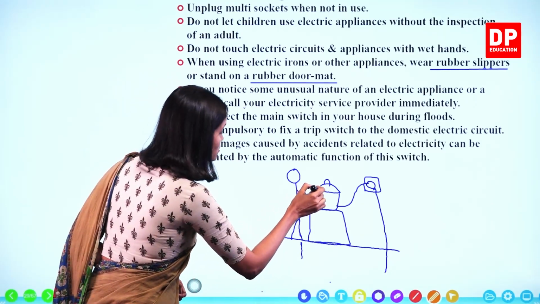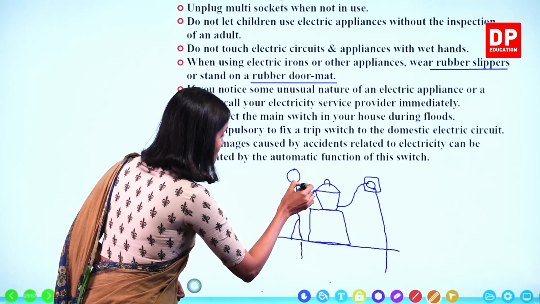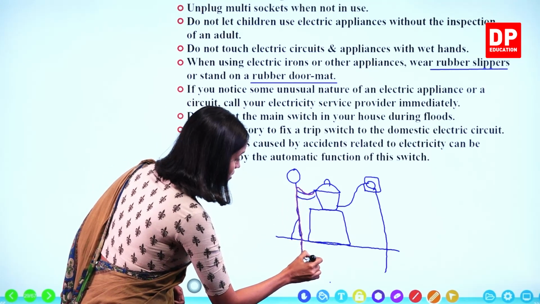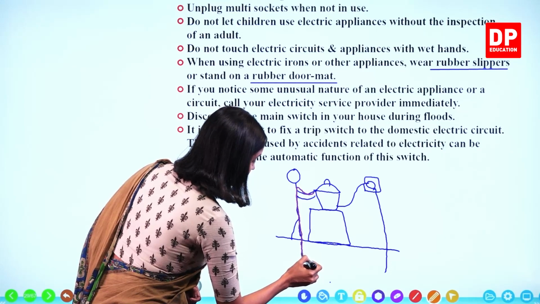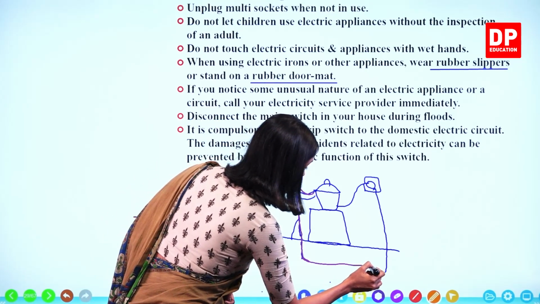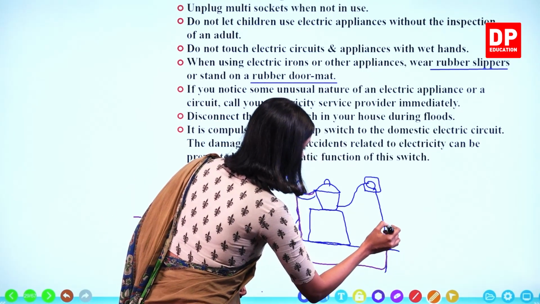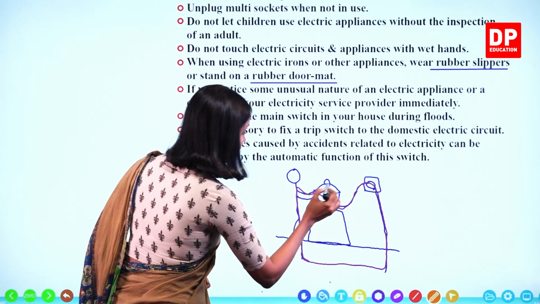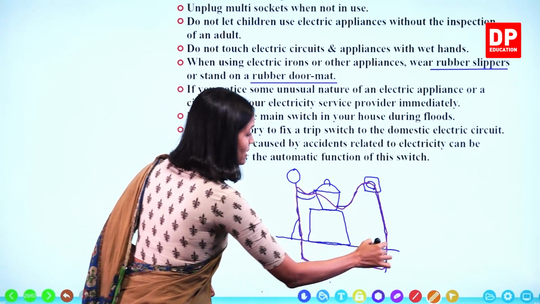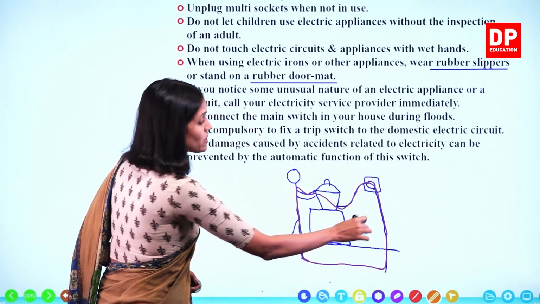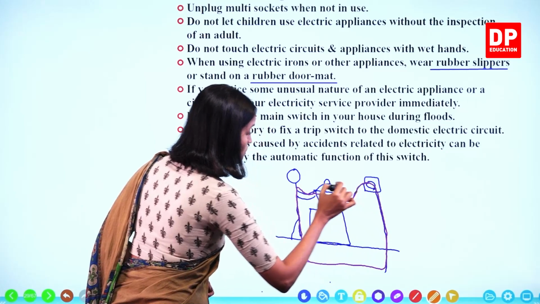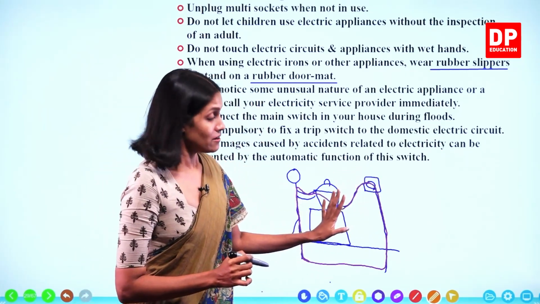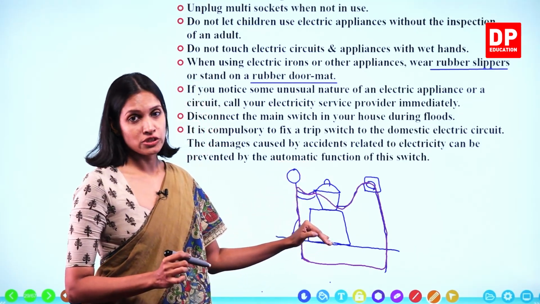So when you get electrocuted, electricity passes through your body and it goes through the ground because there are two connections here. It goes through the ground and through this wire, again back to this one, and so it completes a circuit. This becomes a closed circuit now. You all know electricity passes through a closed circuit. Right, children? So you will get electrocuted.